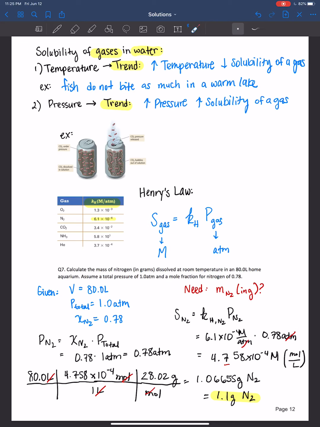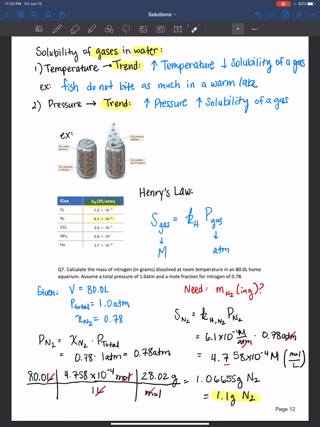So we just calculated the mass of nitrogen, 1.1 grams, that was needed to dissolve at room temperature in an 80-liter aquarium, assuming that the total pressure is 1 atmosphere, and we know the mole fraction of the nitrogen gas is 0.78. We did that by using Dalton's law of partial pressures initially.